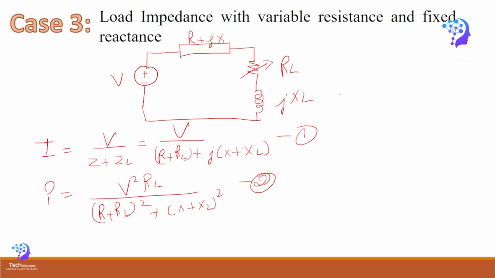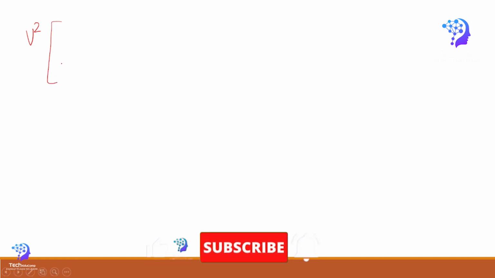So for maximum power, dP upon dRL equal to 0. If I go on to the next page, V square is taken out common. Why are we not differentiating with respect to XL first? Because we have a fixed reactance. We are differentiating only with respect to RL. So what will this be equal to?